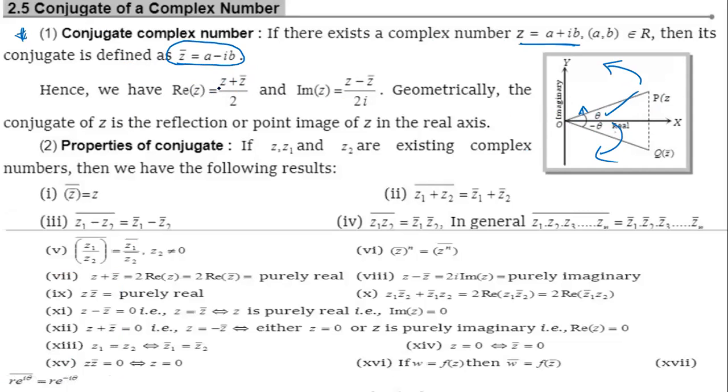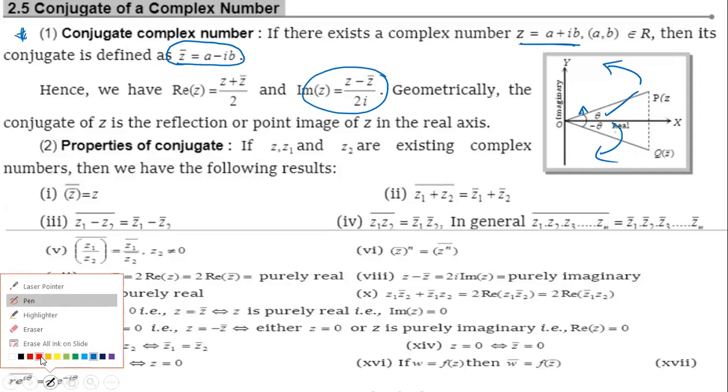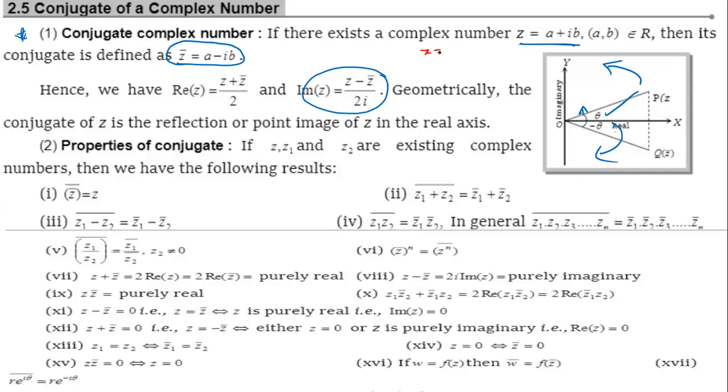Now we have the real part of Z equal to (Z plus Z bar) by 2, and the imaginary part is (Z minus Z bar) by 2i. Why? Anyone? Because Z is equal to a plus ib and Z bar is a minus ib. Please add them: Z plus Z bar is equal to 2a.